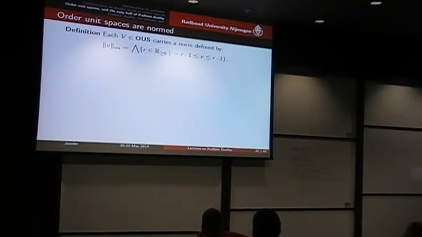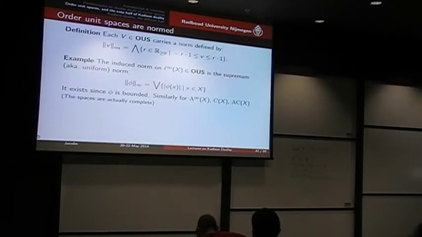You do this squeezing now with real numbers. In this way, you know that the set over which you take the infimum here is non-empty, and the Archimedean property then takes care of the fact that it's nicely behaved as a norm.